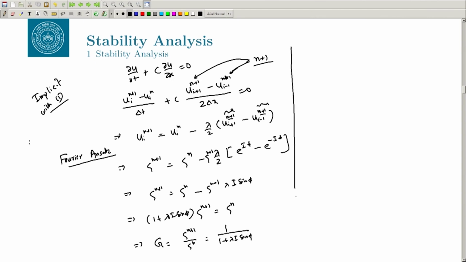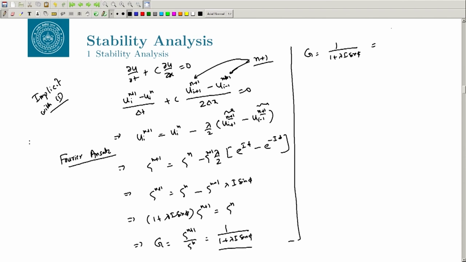So, now we have to find out whether this scheme is stable or unstable, right. So, now again it is a complex number, right. So, what we will do, we will write it in a proper complex number form. Okay. We will rearrange the terms, that will be 1 plus lambda I sin phi. Okay. We want to see whether it is less than 1 or greater than 1, right.